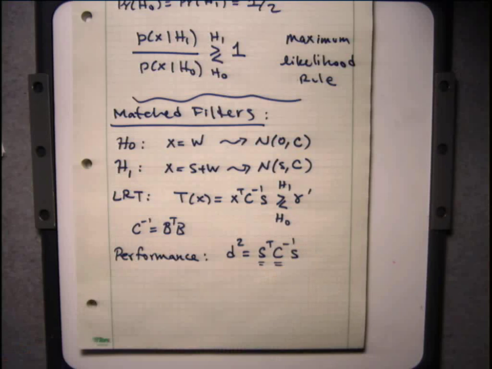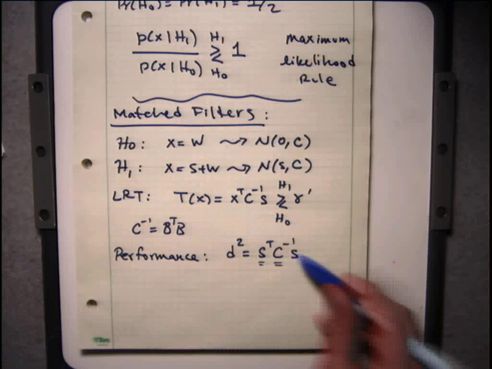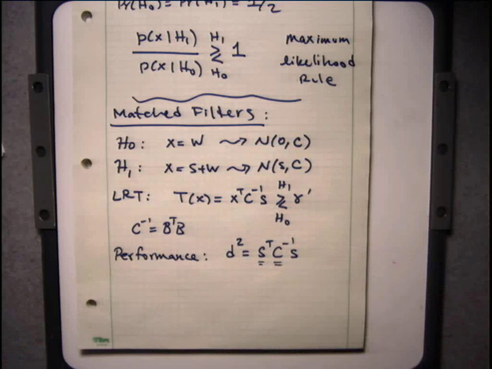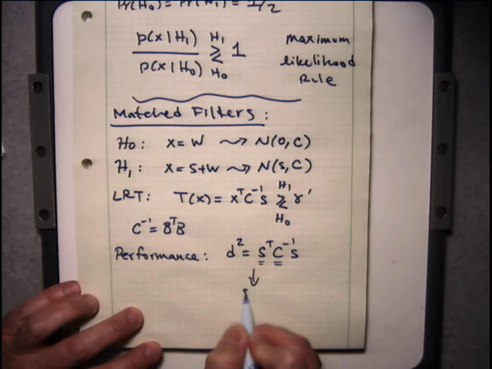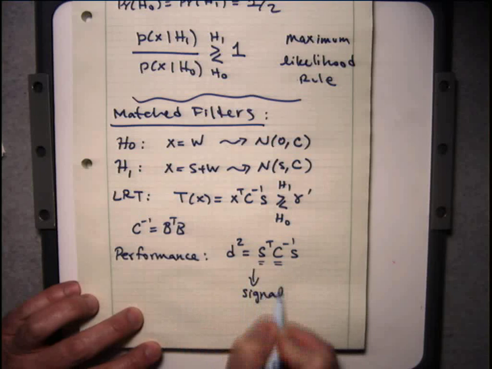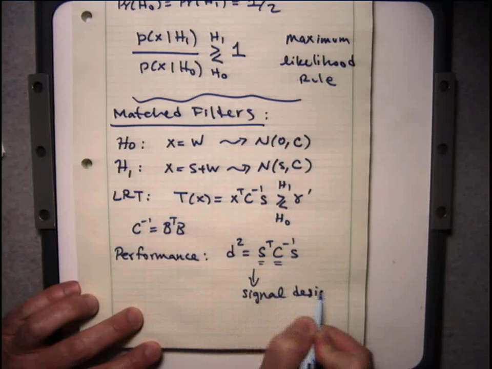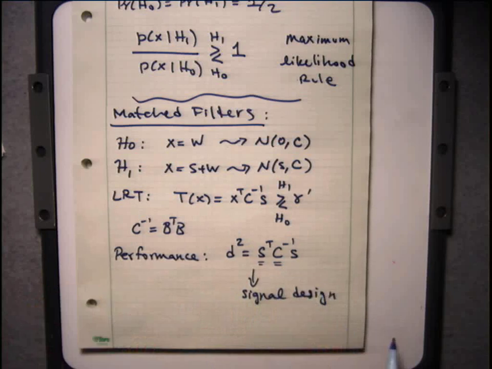Okay? And so, for instance, S would be related to the eigenvector corresponding to the smallest eigenvalue of C inverse and so on. Okay, so from this, we got signal design criteria to figure out what our S could be. Okay.